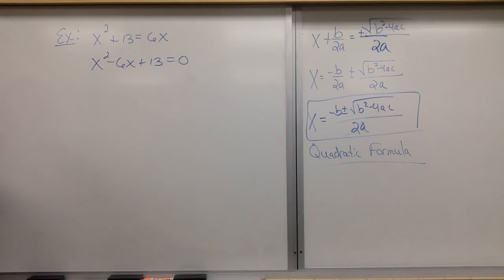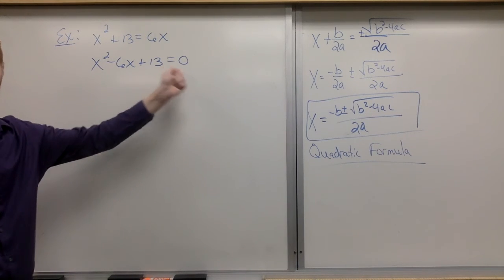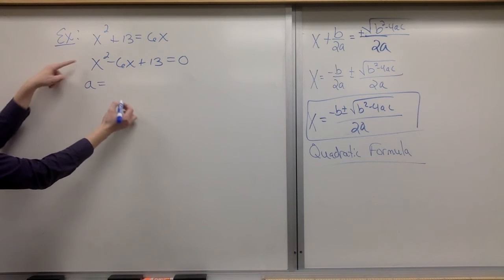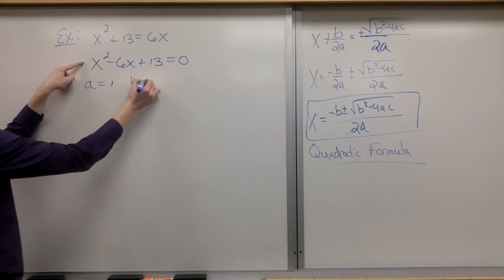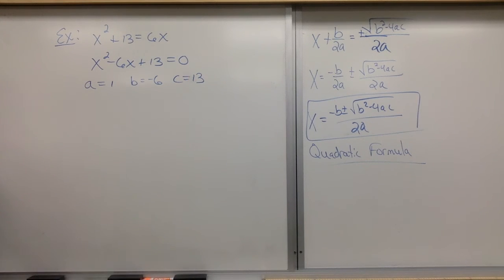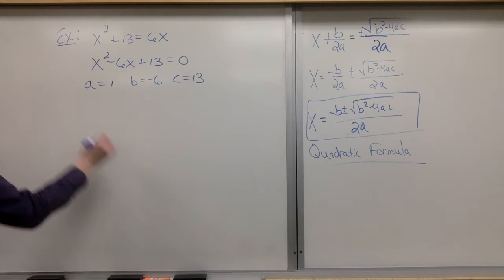So that means quadratic term, linear, and the constant equals 0. Write down my values. A is going to be 1, B is negative 6, and C is going to be 13. Using the formula over here, I'm going to substitute.